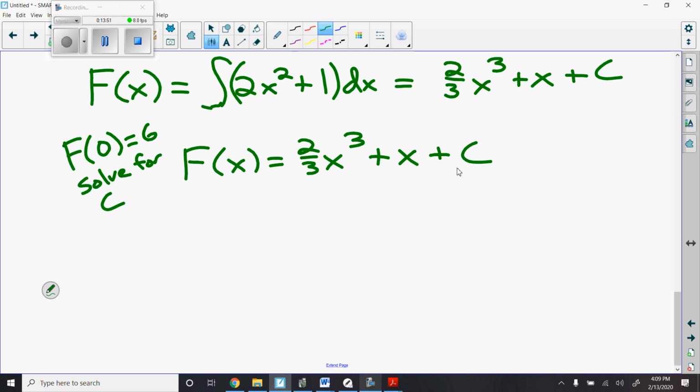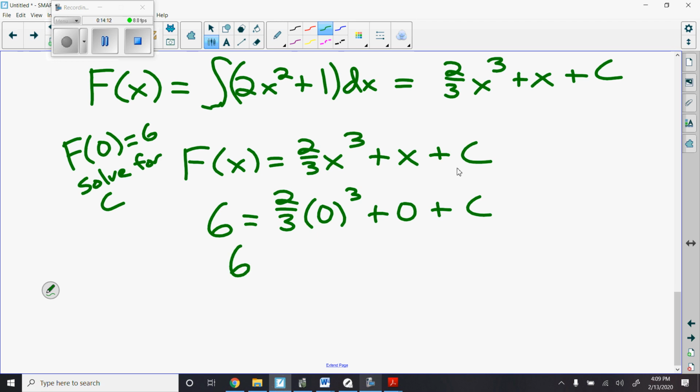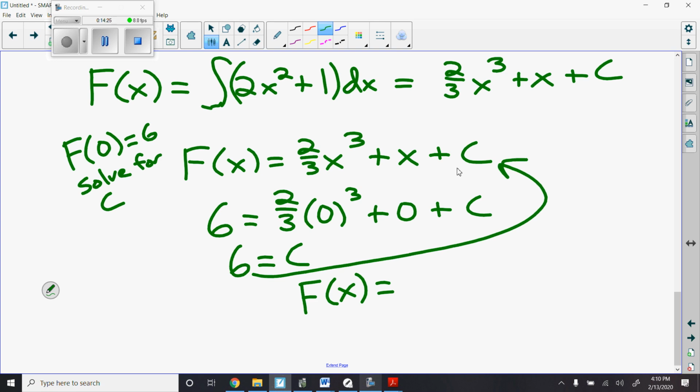So if f of 0 equals 6, right, I'm going to say 6 equals 2/3 0 cubed plus 0 plus c. Again, 2/3 of 0 cubed is 0. 0 plus 0 is 0. 0 plus c is c. And I get 6 equals c. So now I know capital F of x must be, I'm just going to plug this 6 in for the c up here.